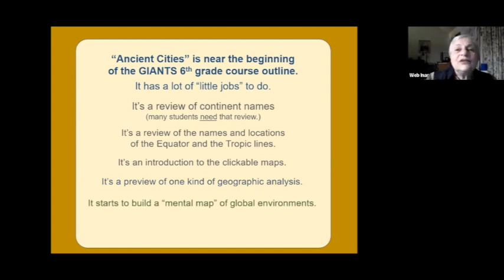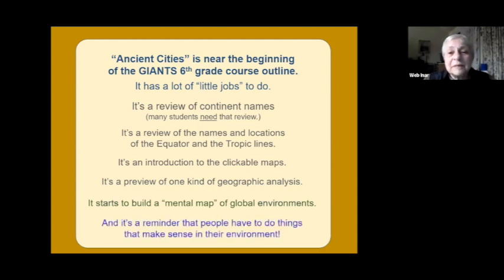Students can start to build a mental map of global environments. The extreme northern parts of continents are very cold. And it's a reminder that people do take into account the environment that they're going to try to build a city in.